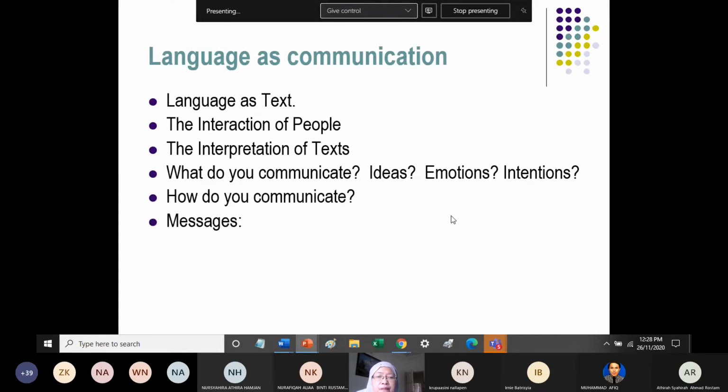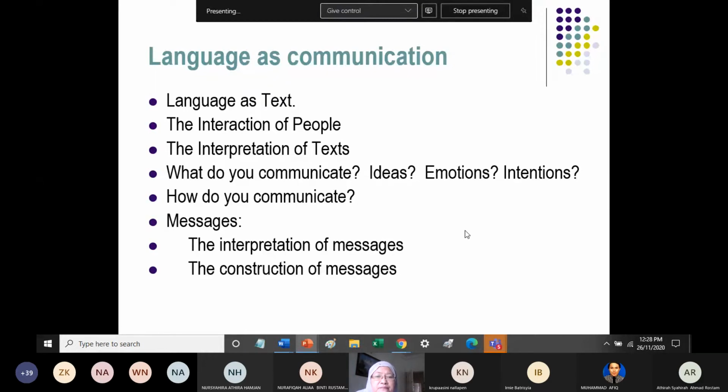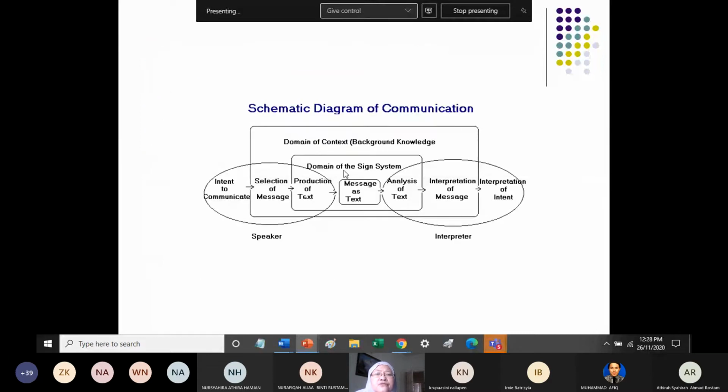So how do you communicate? Through language, isn't it? So messages, interpretation of messages, construction of messages. Okay, so this is a schematic diagram of communication. This is a speaker. The speaker has an intent to communicate.